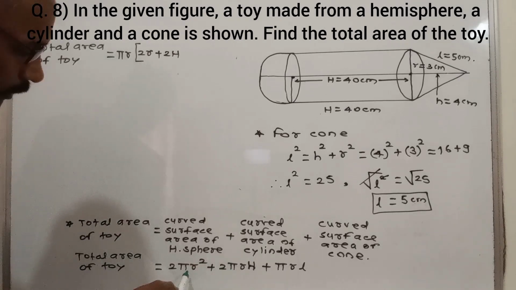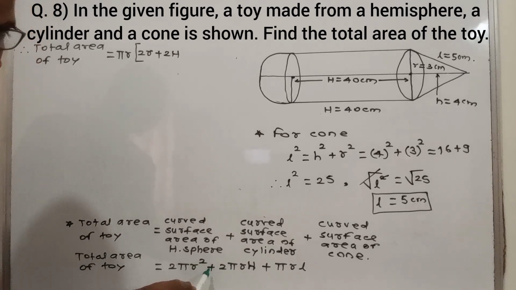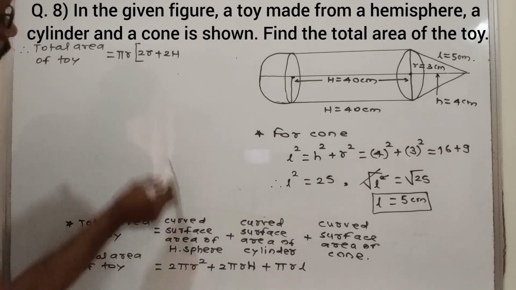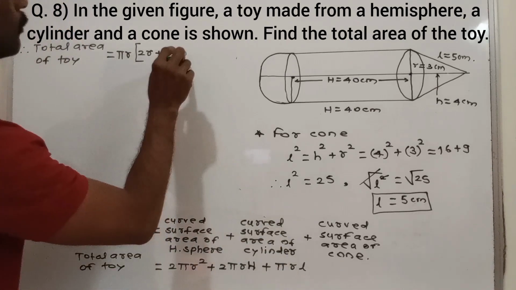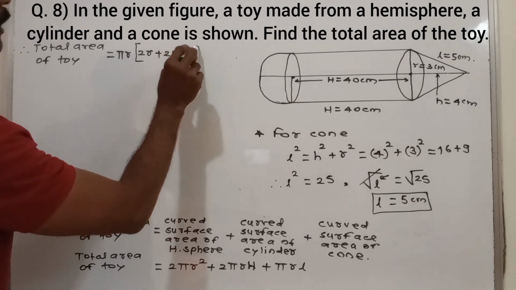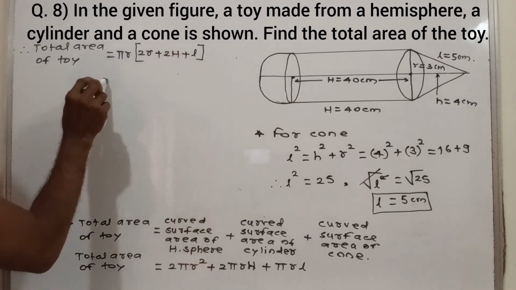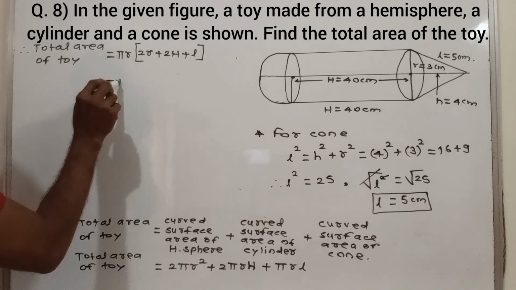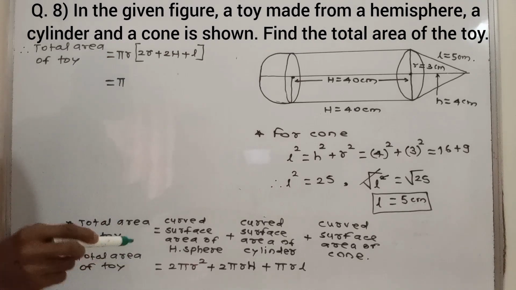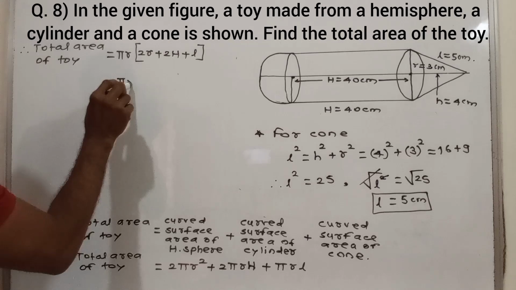Pi r common, so left 2r. Here pi r common, then what is left? And this becomes very easy. Therefore we keep this pi as it is, because in terms of pi, what is r?